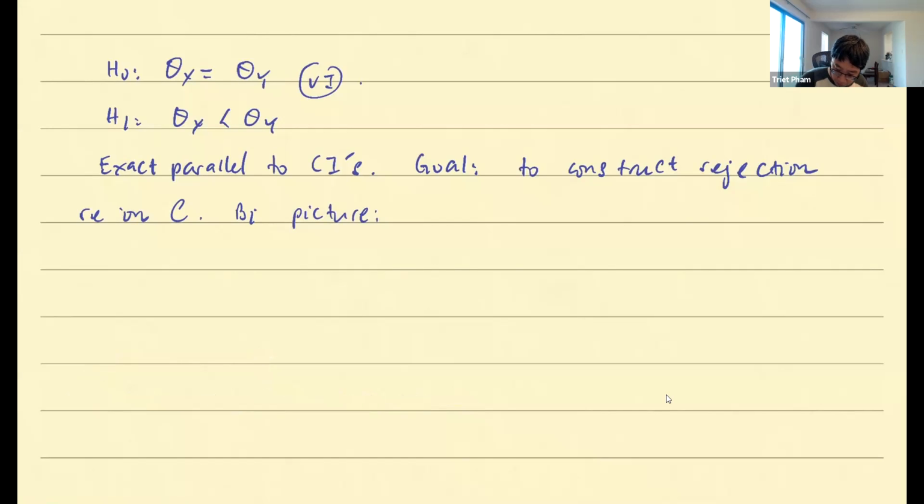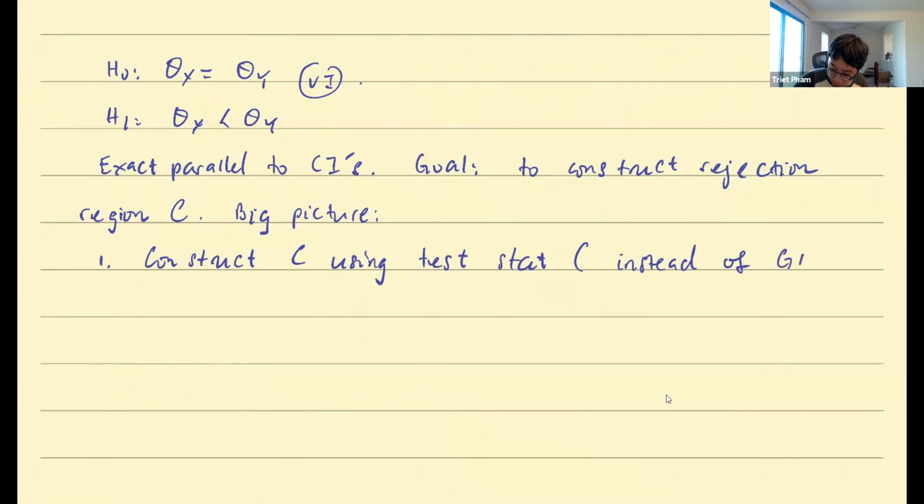Step 1 is we will construct C using the test stat, as opposed to the likelihood ratio, instead of the GLR. So there are several things to be said about this.